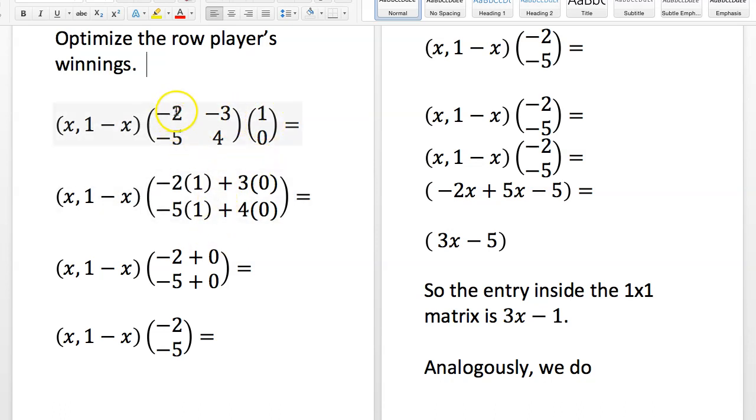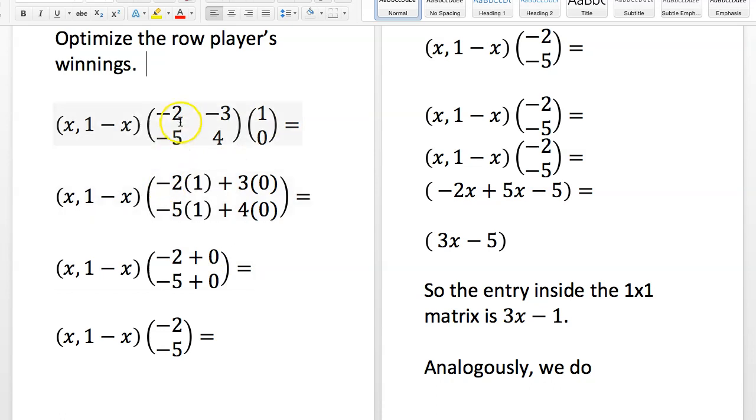Remember how to do matrix products. You go row by column. You go -2 times 1, -3 times 0, like this. And then you PEMDAS. But -2 times 1 is -2, plus -3 times 0 is just 0.